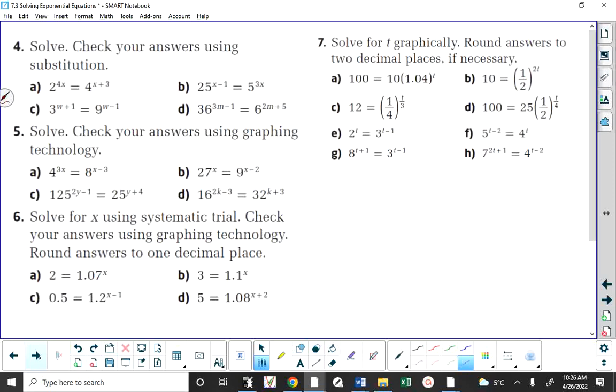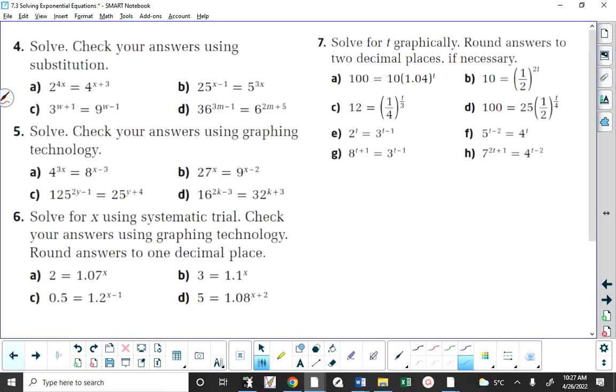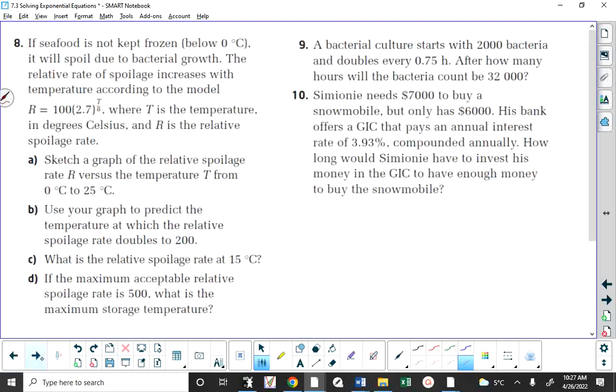By the way, you could solve these graphically as well, if it's a multiple choice and you're just in a rush. And then there's some word problems here. I would say 9 and 10 for sure would be my recommendation. So I would say make sure that you know how to do 4 and 5 for sure, and 9 and 10. Anything else is a bonus.